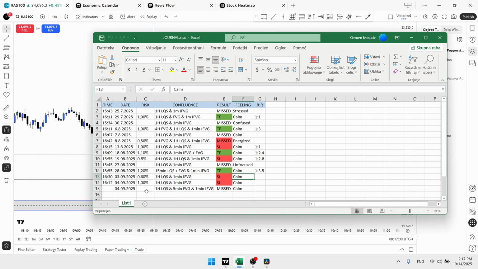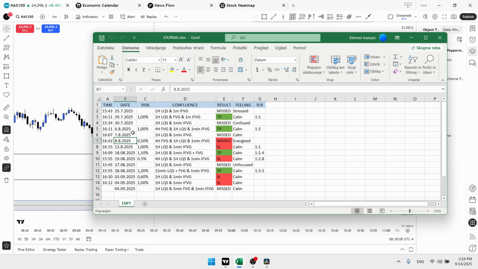So here you can see how I journal my trades. First of all, I type in the time that the trade was taken, then I move on to the date that the trade was taken. The dates are really important, because a lot of times you will see on which days of the week the market is most likely to provide you with good and prominent price action.